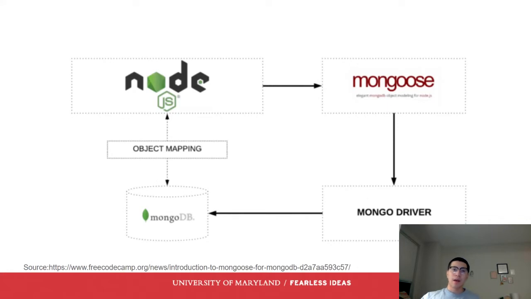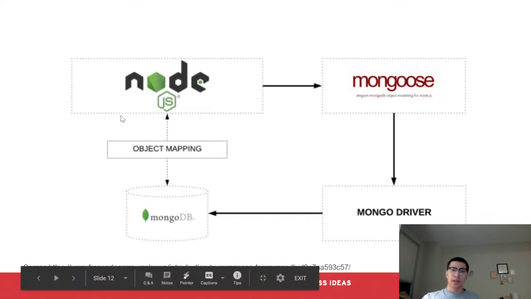So for example here, using Node, in our case Express, we're using Mongoose to create a model for how we're going to be communicating between MongoDB and our application. And so the model itself is what is mapping the information between Node and that database itself.